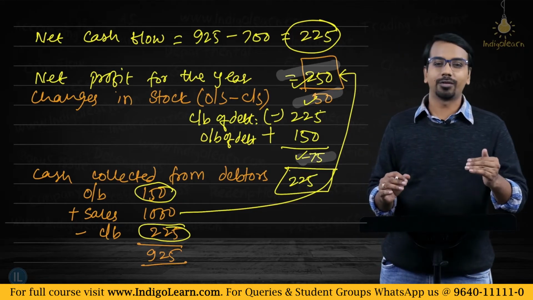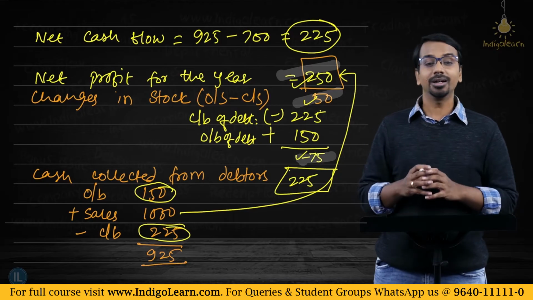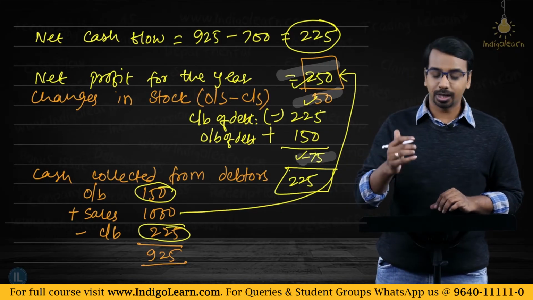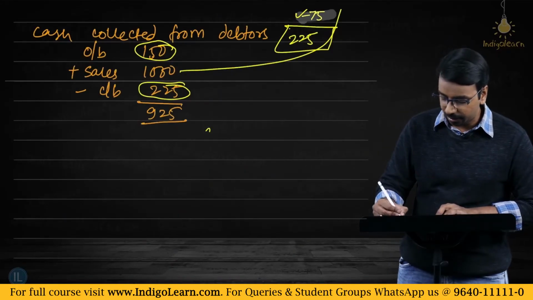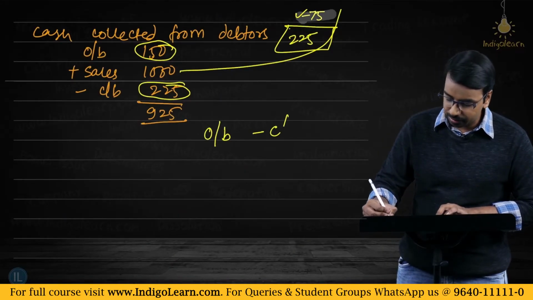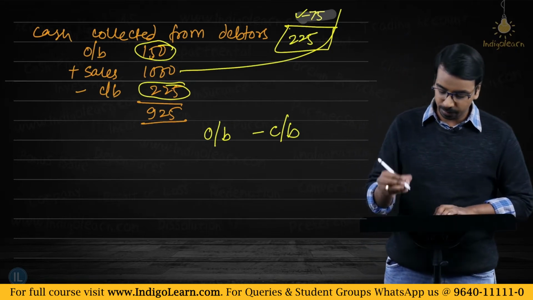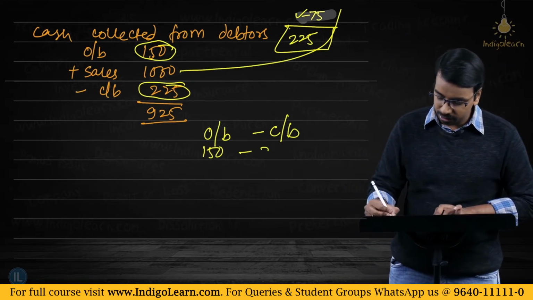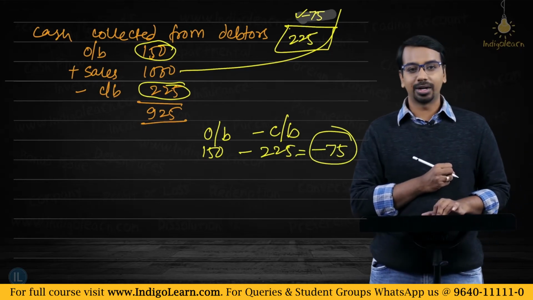I will add 150, I'll reduce 225. The net impact will be adjusted in the cash flow. In other words, the adjustment from debtors will simply be opening balance minus closing balance. What is the opening balance? 150. Closing balance 225. Net impact is minus 75.